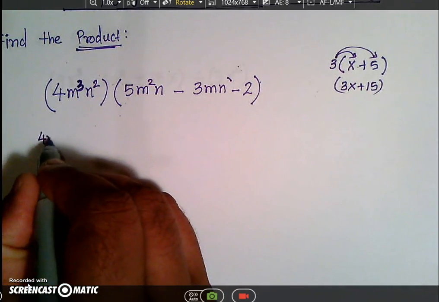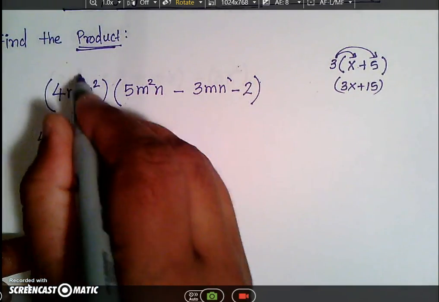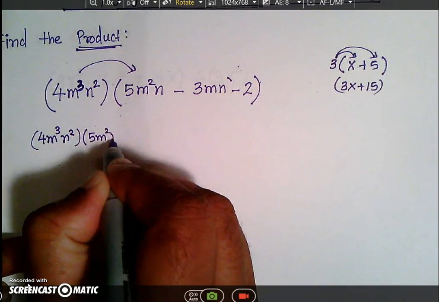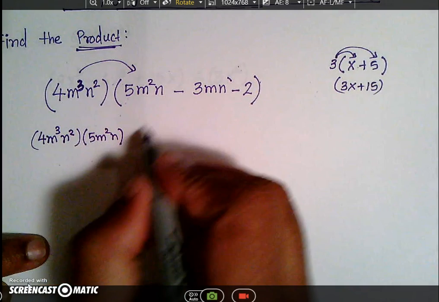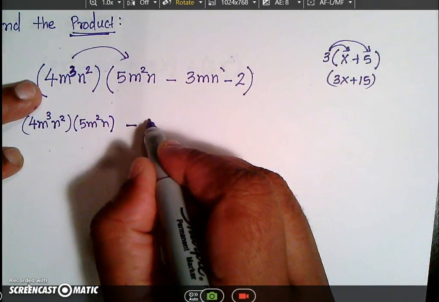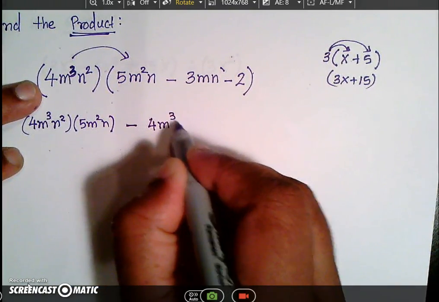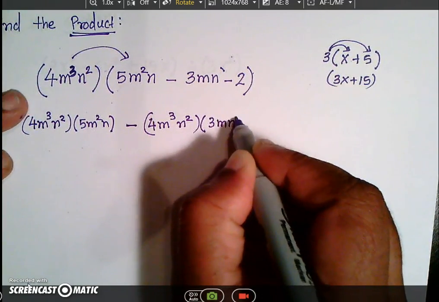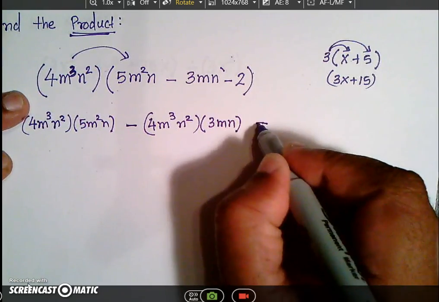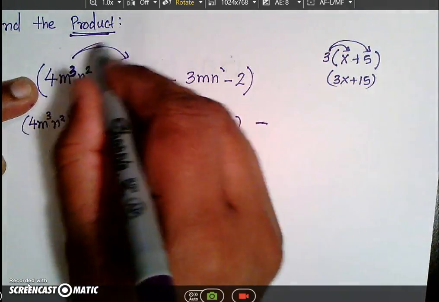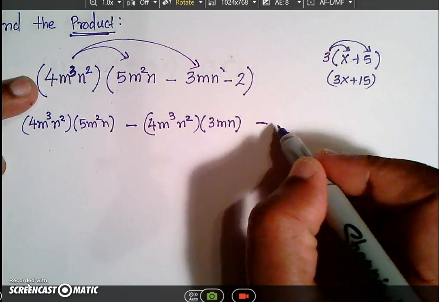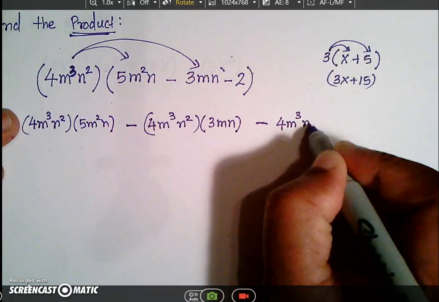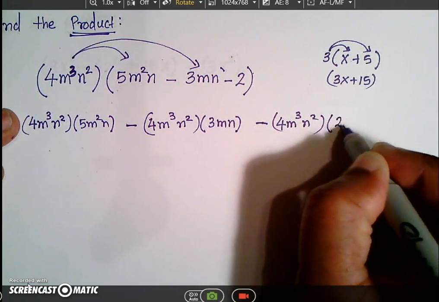So this is 4m cubed n squared times 5m squared n, minus 4m cubed n squared times 3mn, minus 4m cubed n squared times 2.